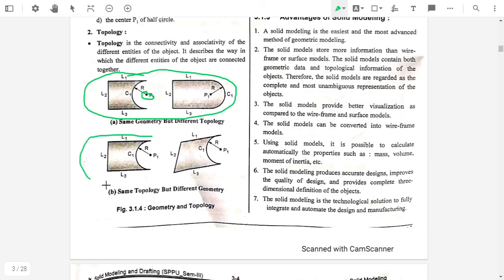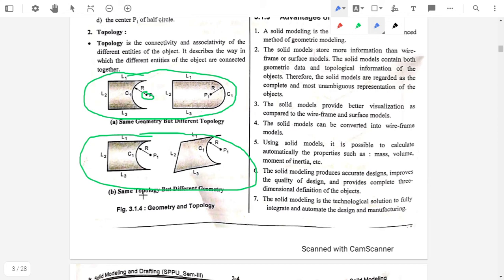Now we are considering this image. In this case, the lengths of lines L1, L2, L3 are the same, but the angle between L1 and C1, between L1 and L2, between L2 and L3, and between L3 and C1 are different.